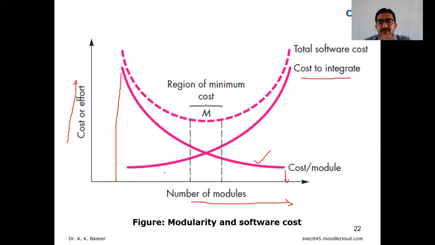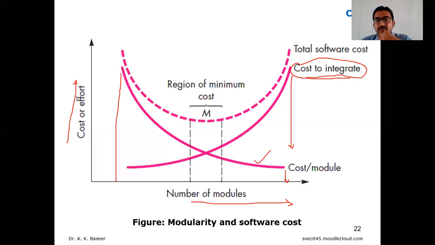Now for the cost to integrate, which is the conquer part of divide and conquer, the cost is more when the number of modules is more. But for developing each module, if the number of modules is more, the cost is less.